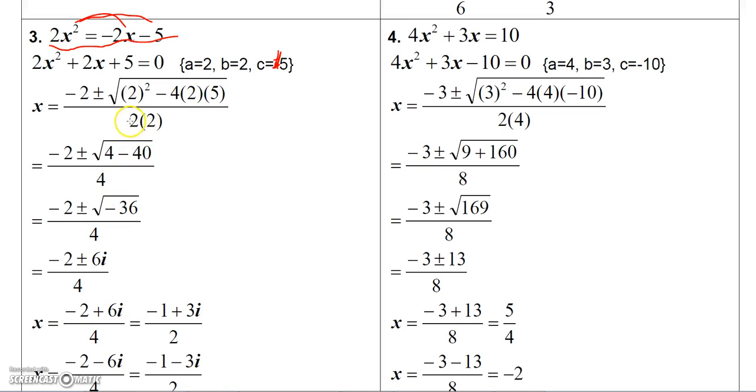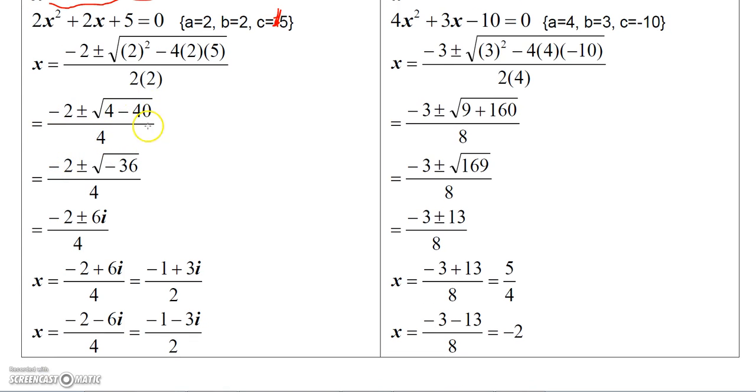So let's bring that down, and also in the denominator I have 2 times a, so that's going to be 2 times 2, so that's going to be 4 in the denominator. So I'm going to have minus 2 plus or minus the square root of 4 minus 40 all over 4. And we know that 4 minus 40 is negative 36. So I'm going to have minus 2 plus or minus the square root of negative 36 all over 4.